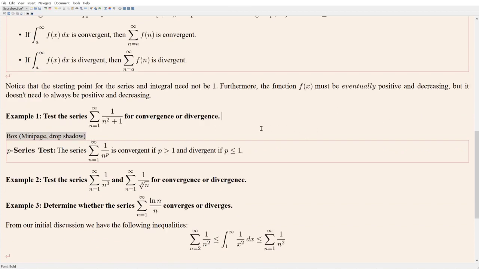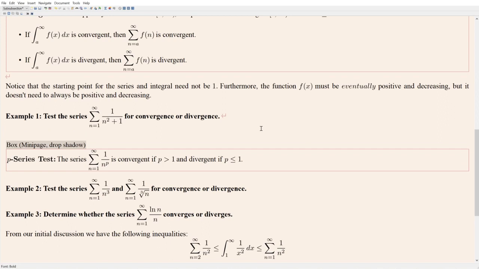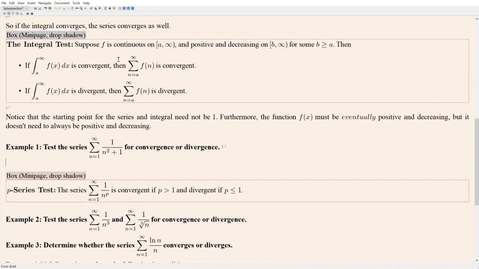Okay, so test this particular series for convergence or divergence. All right, so we have to note that it satisfies the premises of the integral test. Is it continuous? Well, certainly. Pretty much everything we look at is going to be continuous. Is it positive? Certainly. n is taken to be a positive number, and n squared plus 1 is still positive.